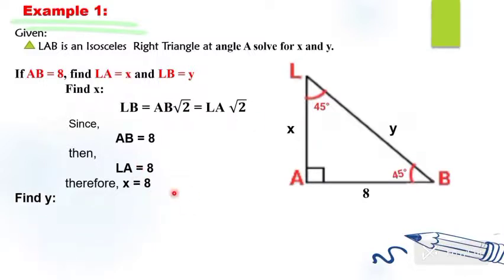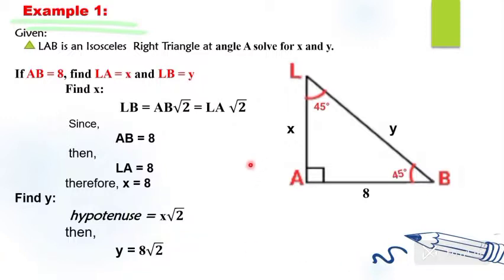To find the value of y, according to the theorem, the hypotenuse is equal to x square root of 2, so let's substitute the value of x that we found. So we have y is equal to 8 square root of 2.